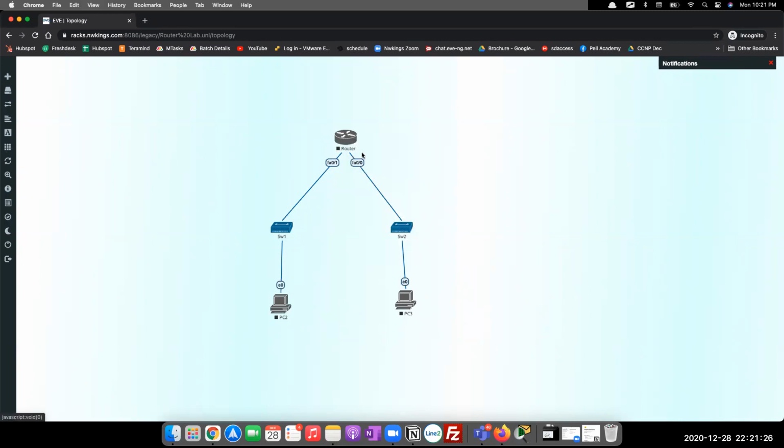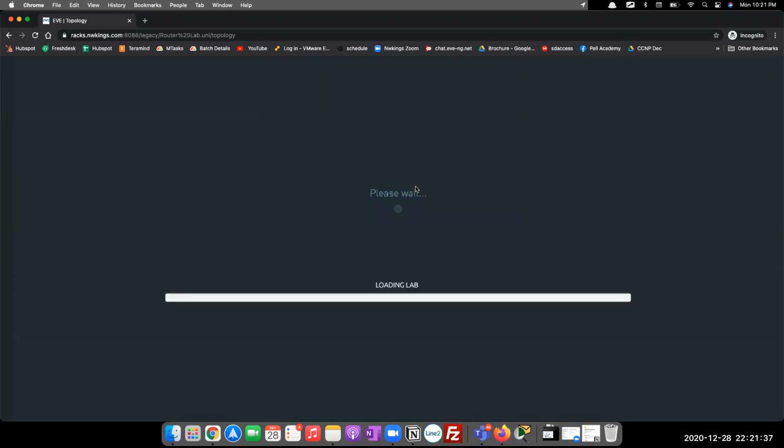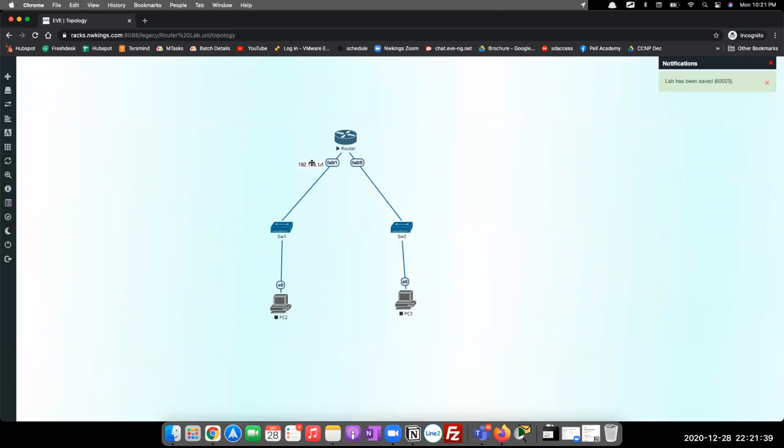So I'm going to start this router. And before doing this, I'm going to type here the IP addresses I'm going to use. 192.168.1.1 here, and at the machine below, I'm going to assign 192.168.1.11.